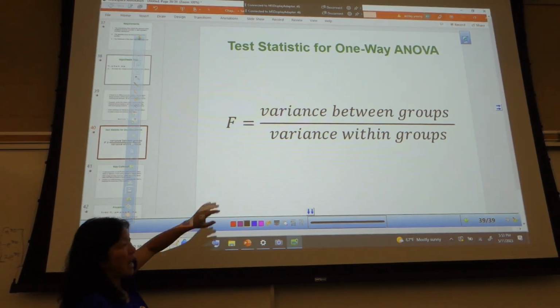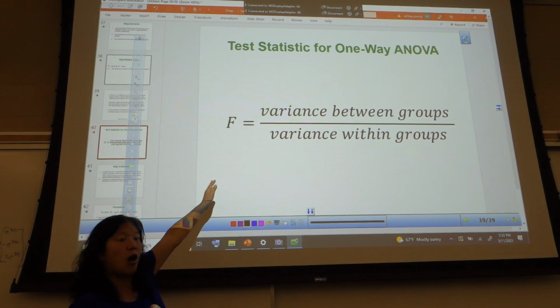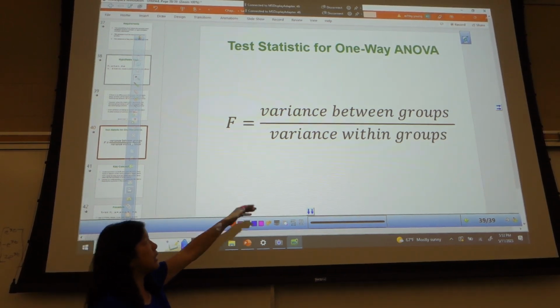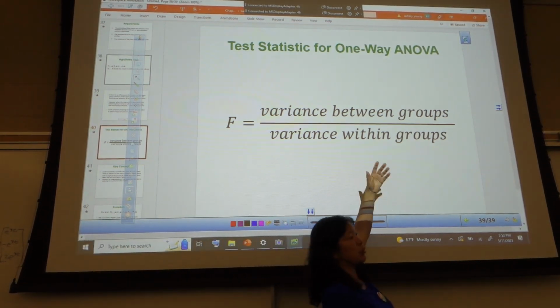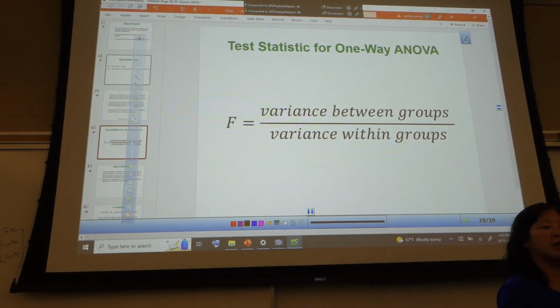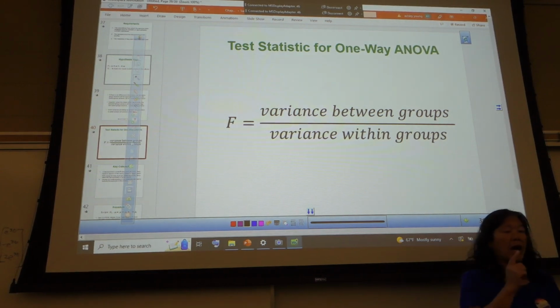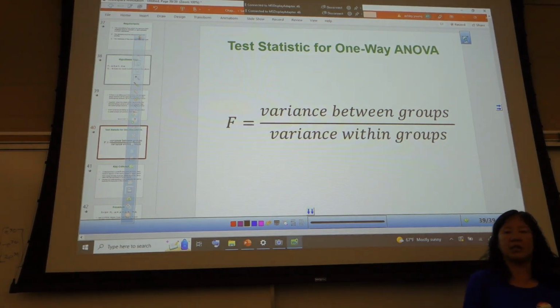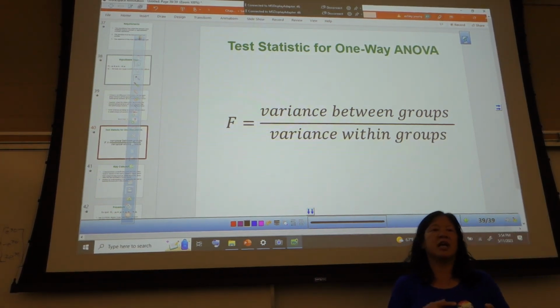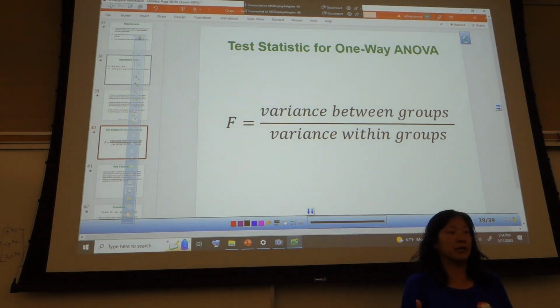I'll ask you this question on the exam. All you have to do is I will give you the within group variance and the between group variance and ask you to find the F statistic. You just divide these two. However, I'm going to give you other things to confuse you. I'm going to give you X's and S's and N's and other things just to throw you off.